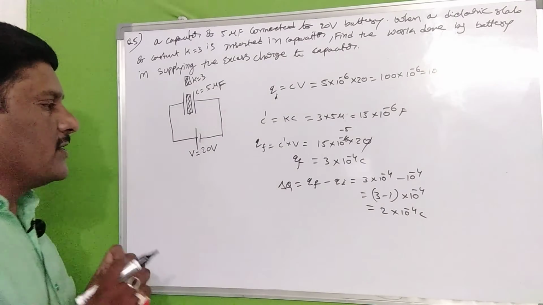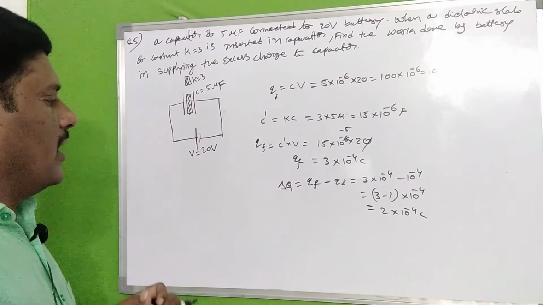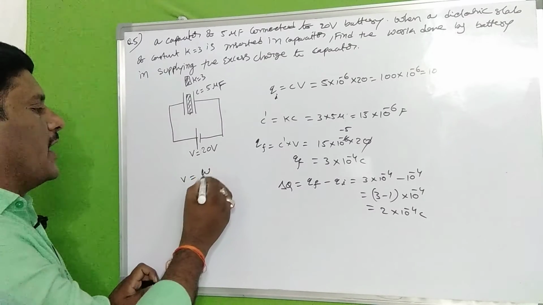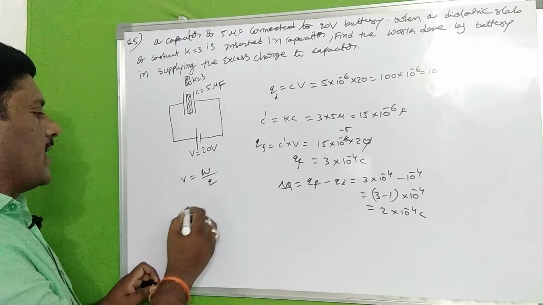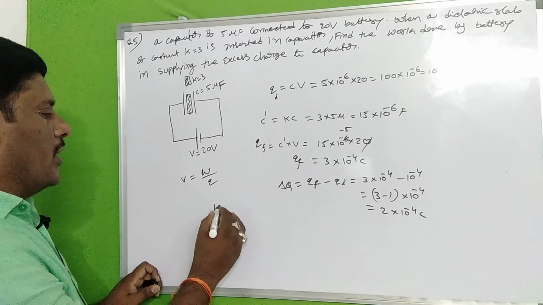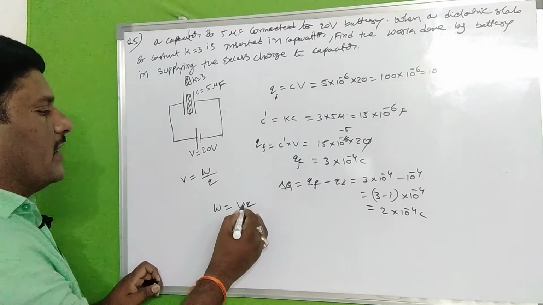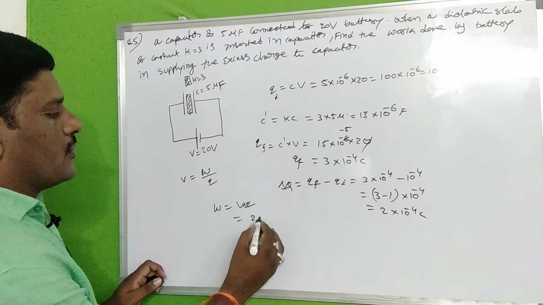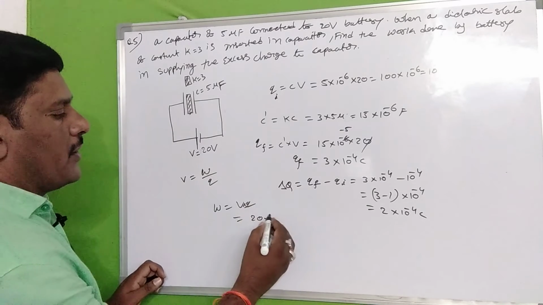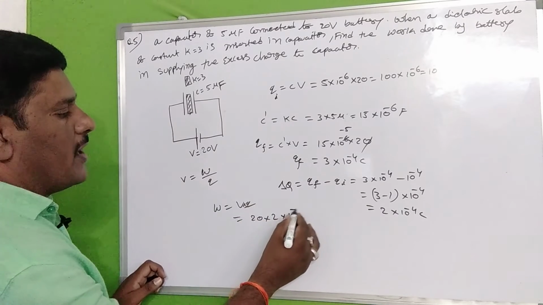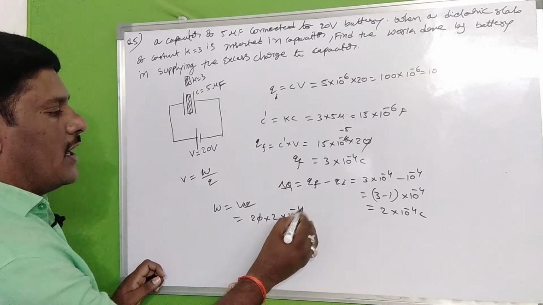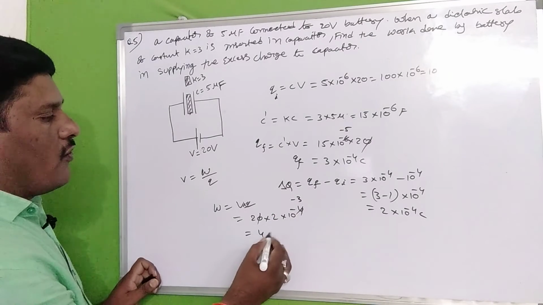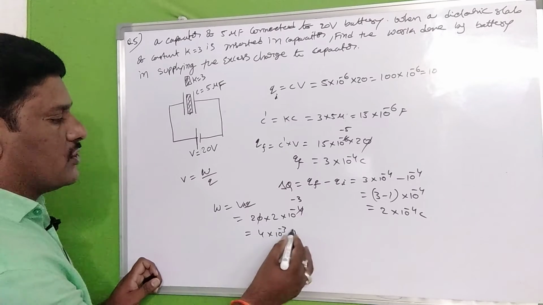Now we take the work done from the relation. Already we know that potential equals work done by charge. So we can write W equal to V into Q, where Q is delta Q. Here V is 20 and delta Q is 2 into 10 power minus 4. 2 into 2 is 4, so 4 into 10 power minus 3 joules.